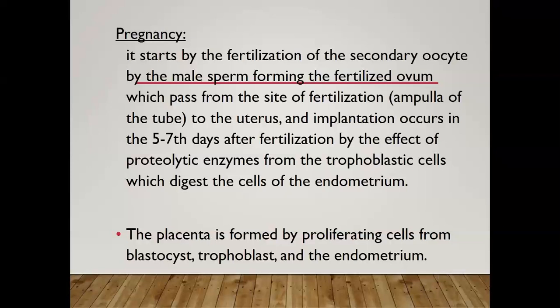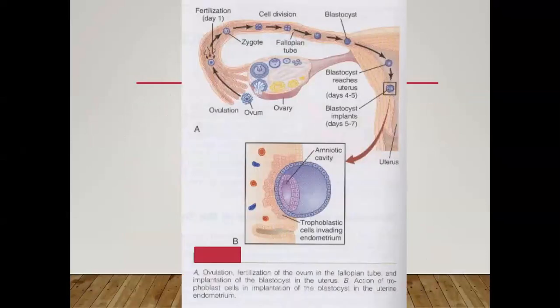The placenta is formed by proliferating cells from the blastocyst, which is the trophoblast, and the endometrium, which is the decidua. This diagram shows where the oocyte is ovulated from the ovary and picked up by the fimbria of the tube. This oocyte passes to the ampullary area, which is the widest part of the tube, where sperms come and fertilization happens.